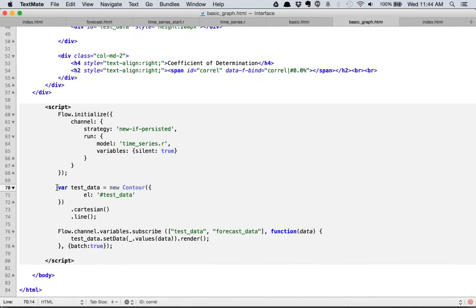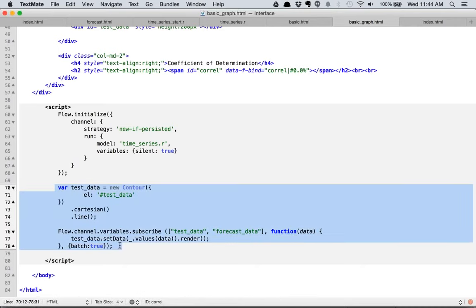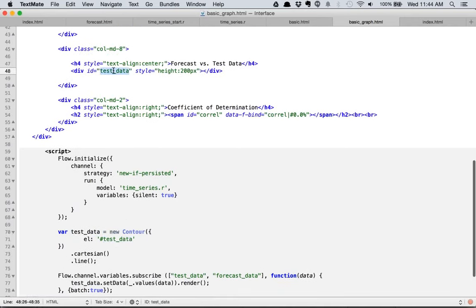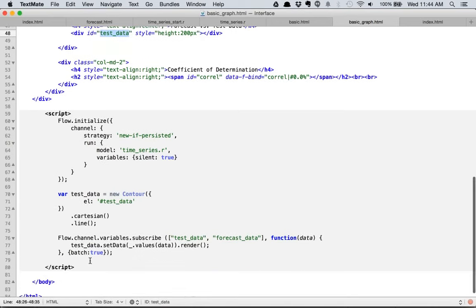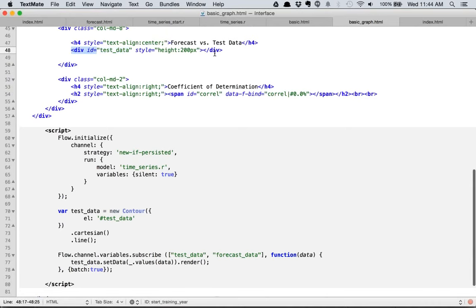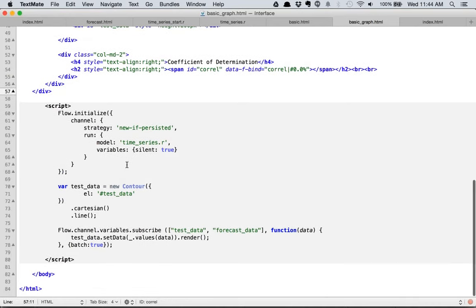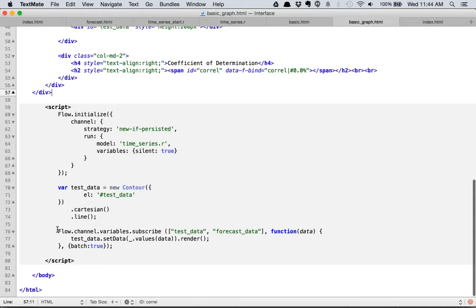And the way that works is this is a little bit that I've added to my basic chart. So I've got test data equal new Contour, and I refer to the element ID of test data. And here you can see I refer to this as test data. And what that means is the information that appears here is going to be replaced up here in the div tag for test data. And below that, then, what I can do is refer to the variables that I want to plot.